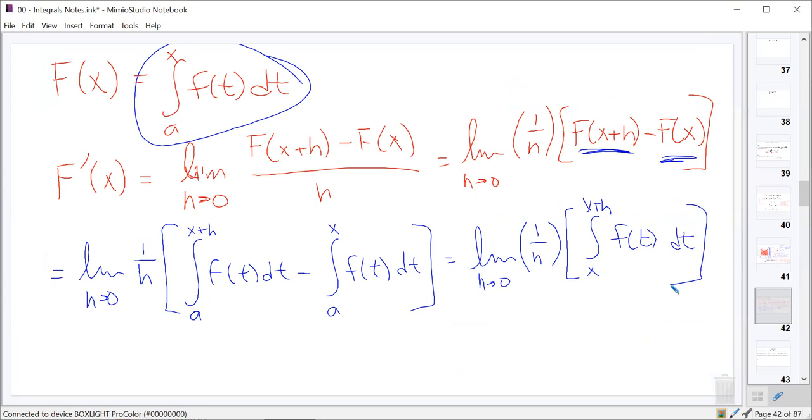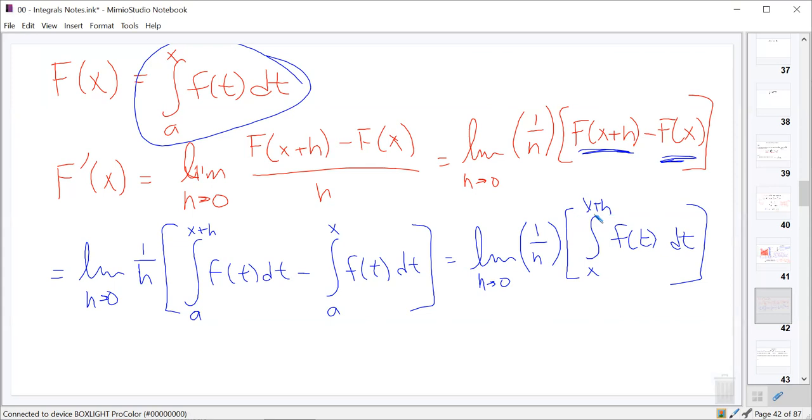Now, at this point, we're going to take just a second here and think about the fact that we're talking about a function that we know is continuous on a closed interval originally from a to b, where x and x plus h are within that interval from a to b.